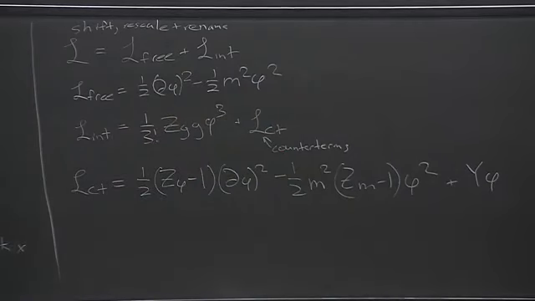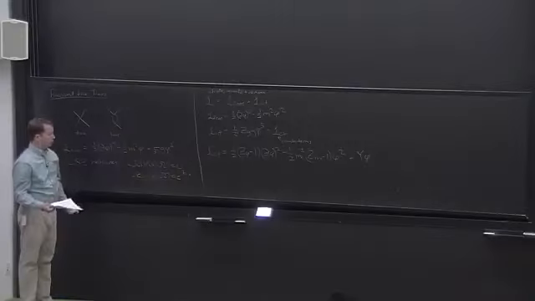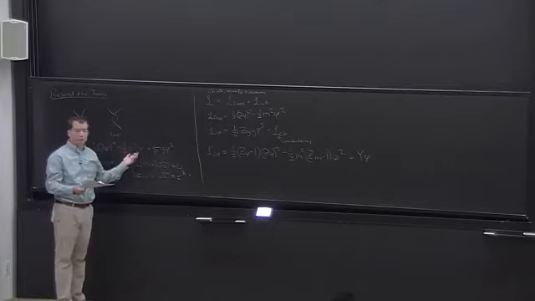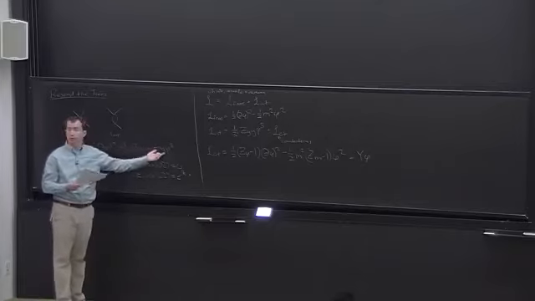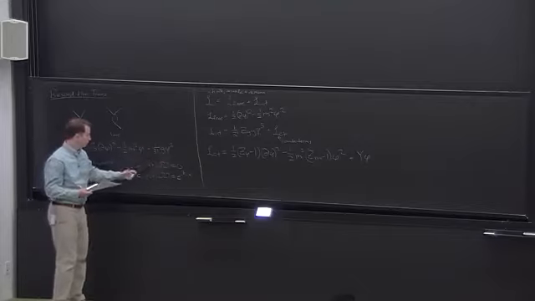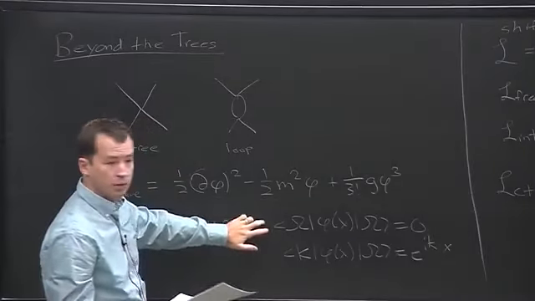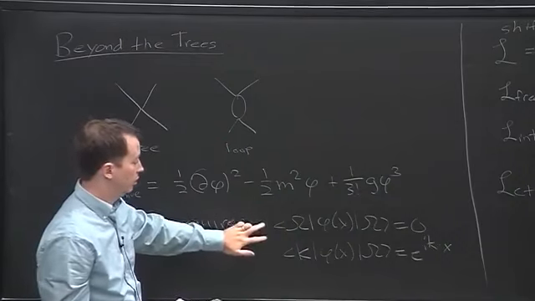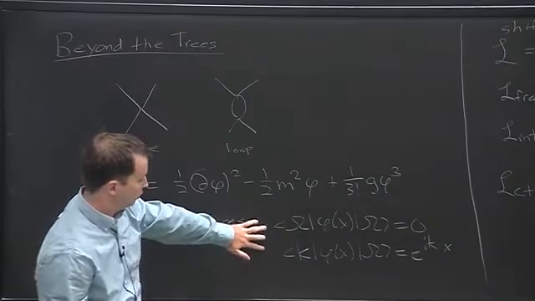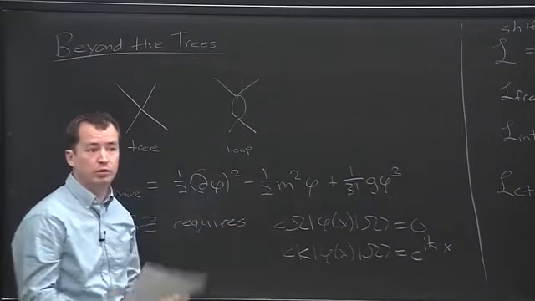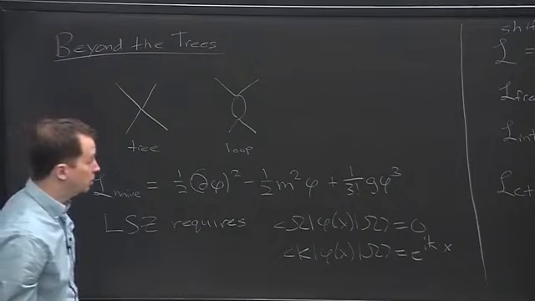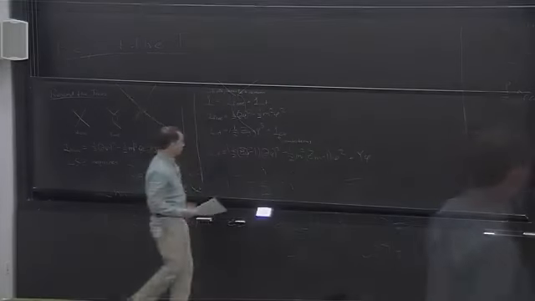You can fix two of those parameters by demanding, in some way that we'll discuss later, that it matches up with the physical theory we want. And the other two conditions are going to come from these conditions we imposed when we derived the LSE formula. So we've already got two of our conditions from the LSE, and we'll need two more that will in some way specify which physical theory we're looking at.